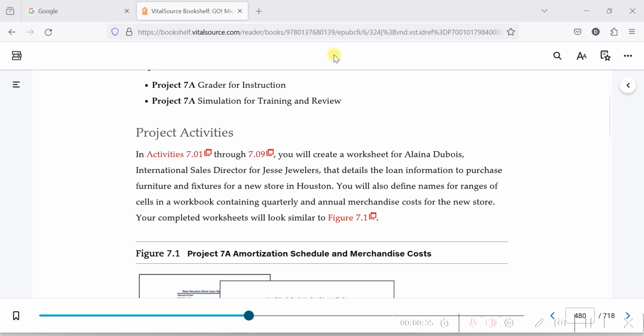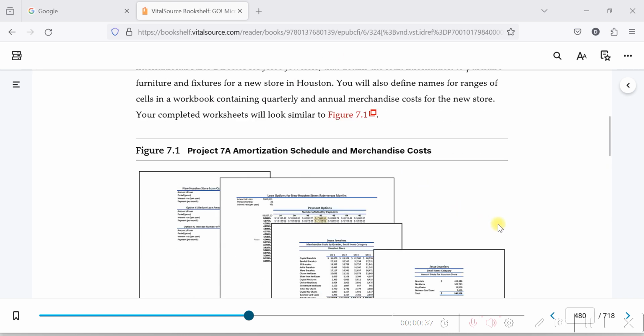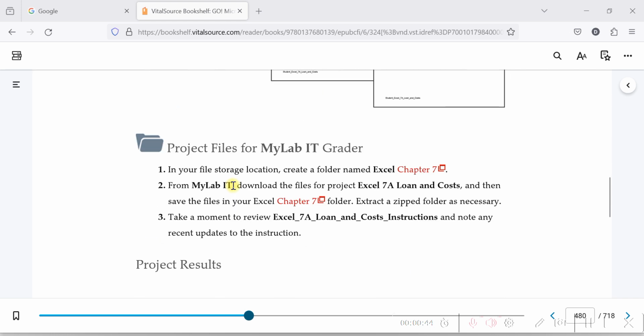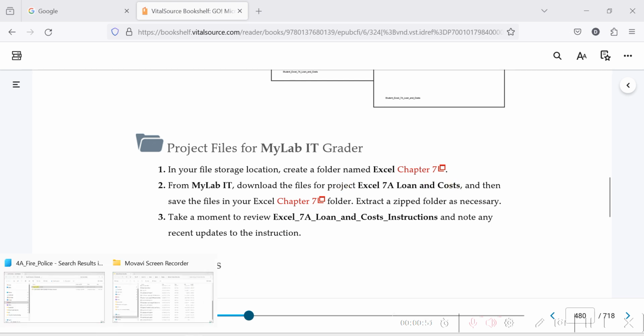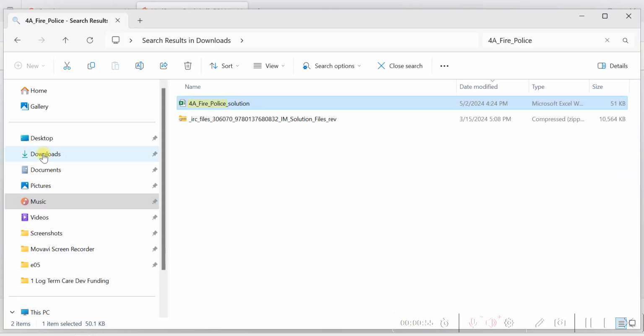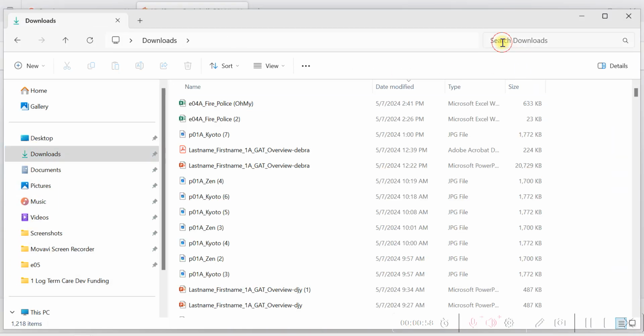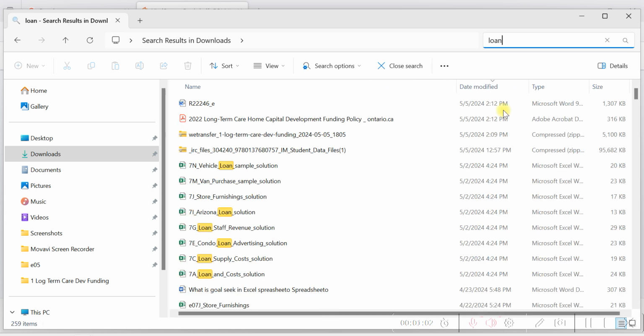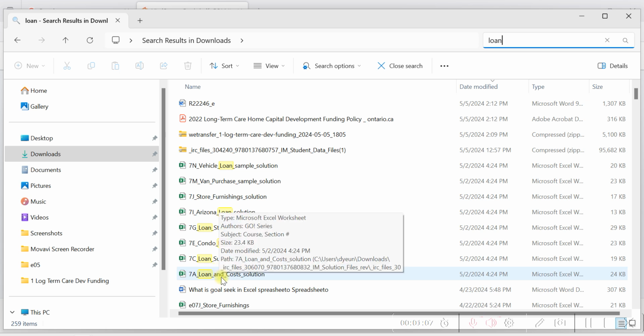So what do we got? We are on page 480, I think it is. 480. And the files we have to have open are loan and costs. What I'm going to do, I know I have it somewhere, so I'm going to go to my downloads. I'm going to grab loan. And of course I have the answers here somewhere.